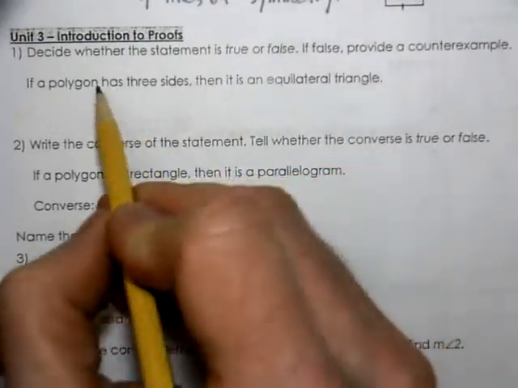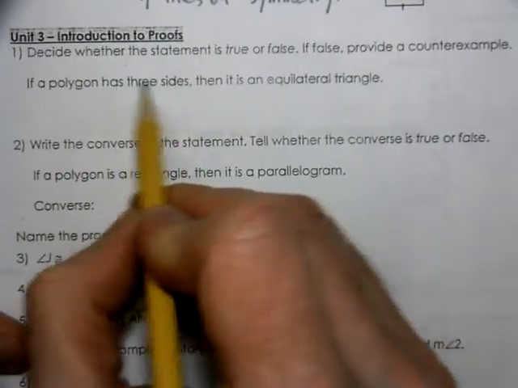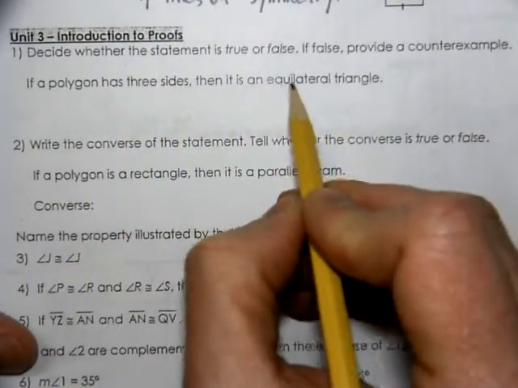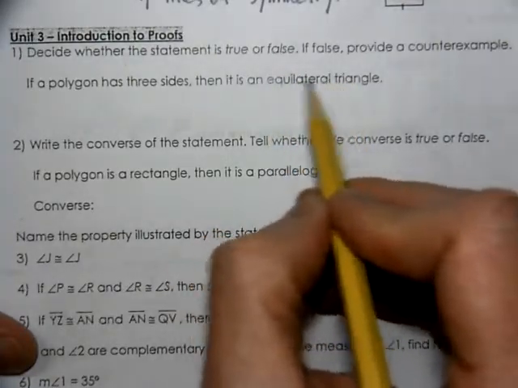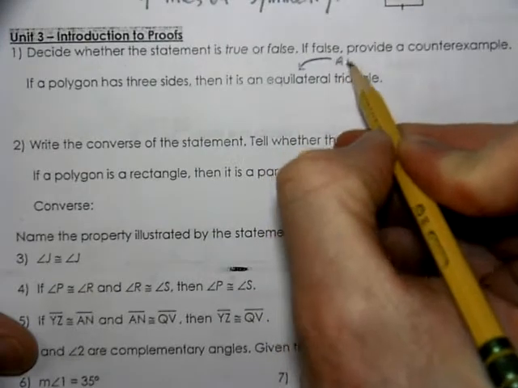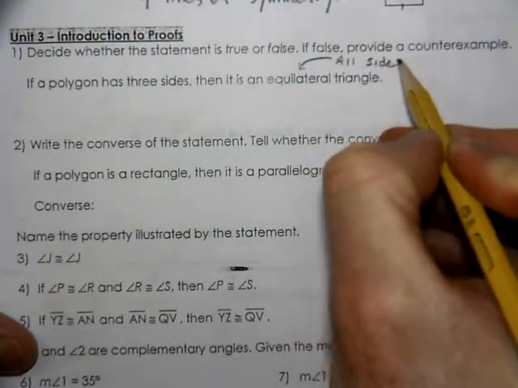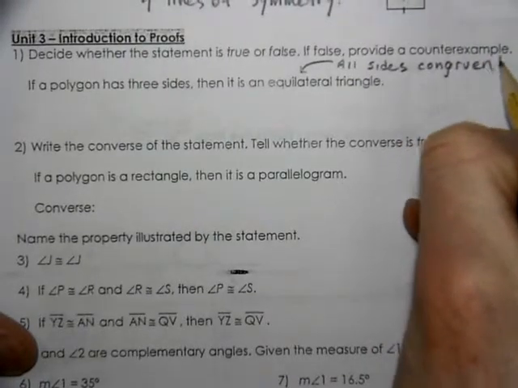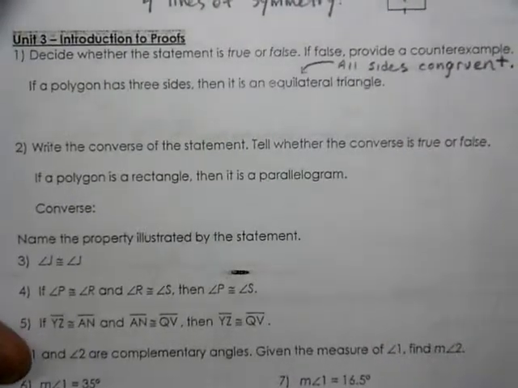So the question is, does every polygon that has 3 sides have to be an equilateral triangle? Equilateral means all sides congruent. You need to know your vocabulary.